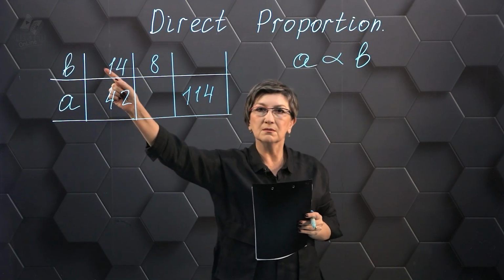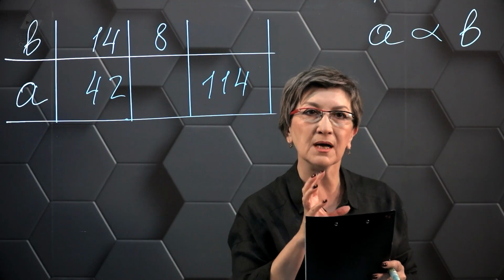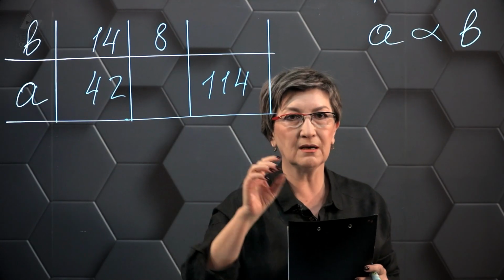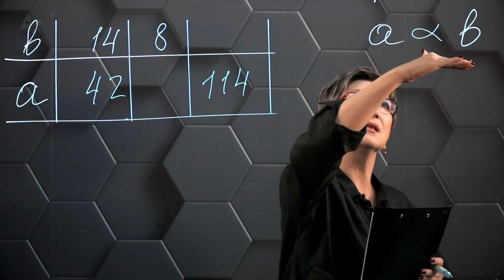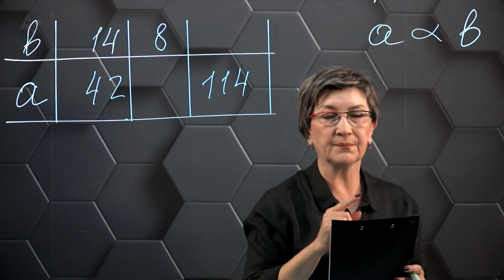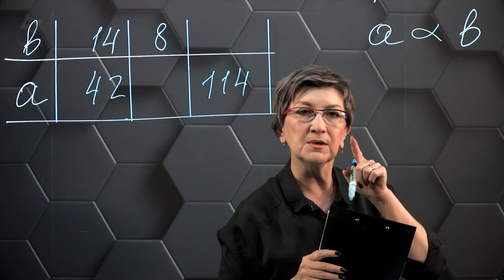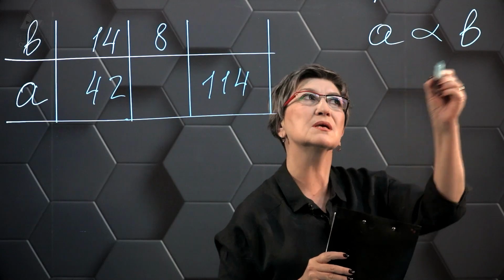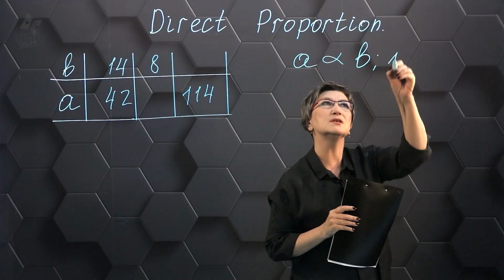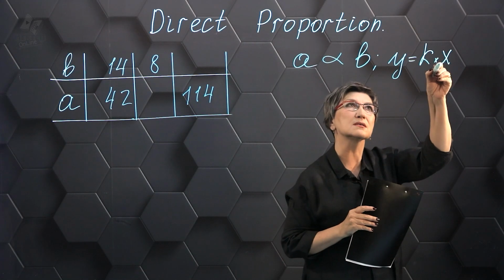A to B. It's very important to pay attention which quantity is proportional. And I'm told that A is proportional to B. Why? The thing is that when we use the formula of directly proportional quantities, we write it in the general form y equals k times x.